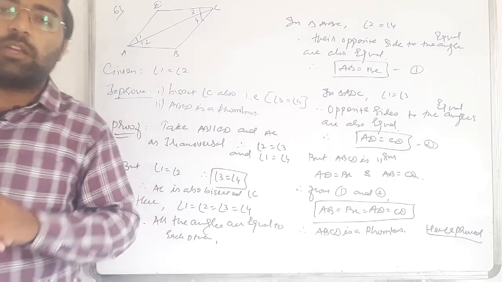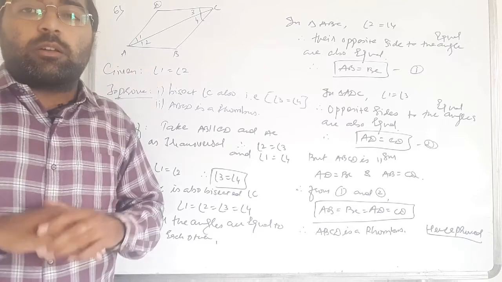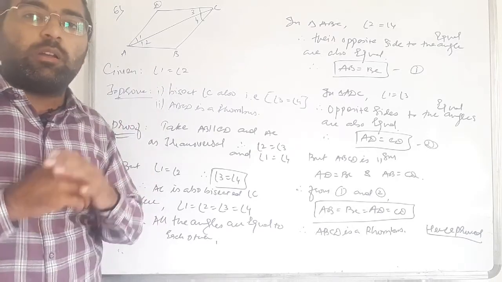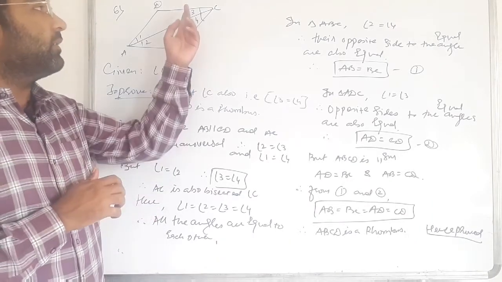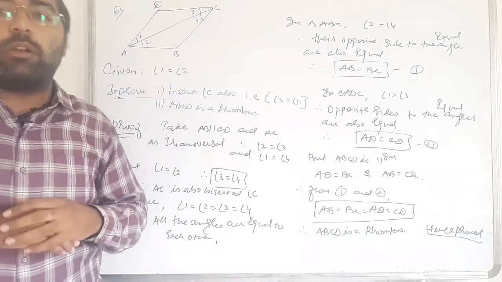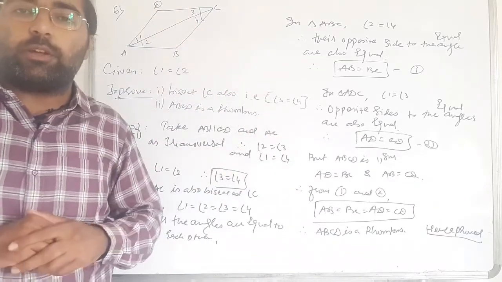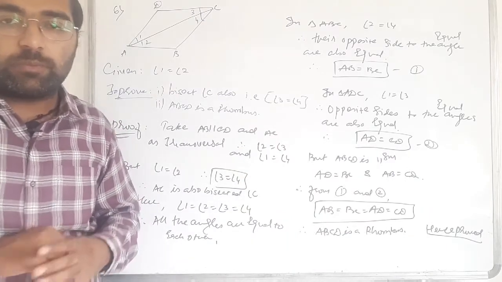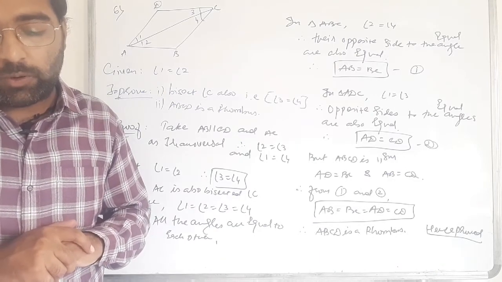ABCD is given as a parallelogram, so opposite sides are equal. I just have to prove that the adjacent sides are equal and that angles 3 and 4 are equal. That is proved here without any kind of congruency. We need not use congruency.